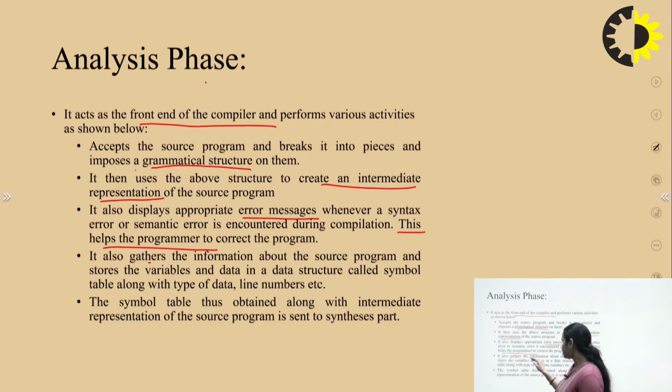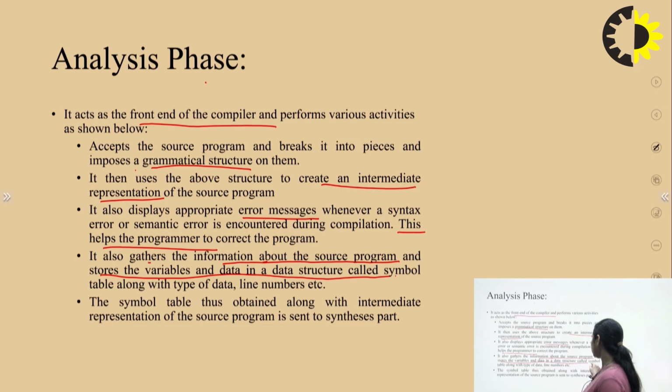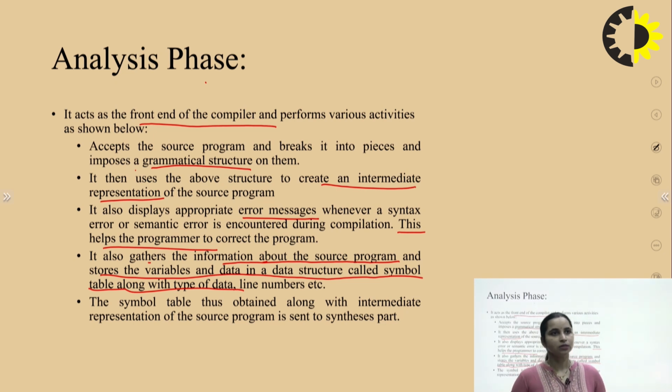The next activity is that it gathers information about the source program and stores the variables and data in a data structure called the symbol table, along with the type of the data, line number, etc. So the symbol table is the data structure in which all the information regarding the source program is stored.